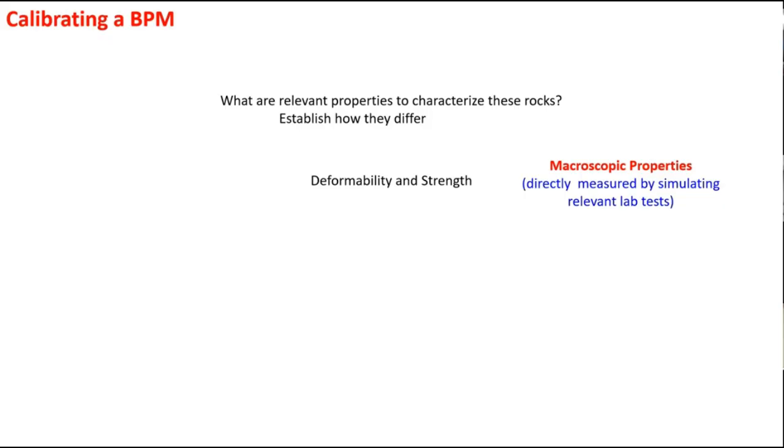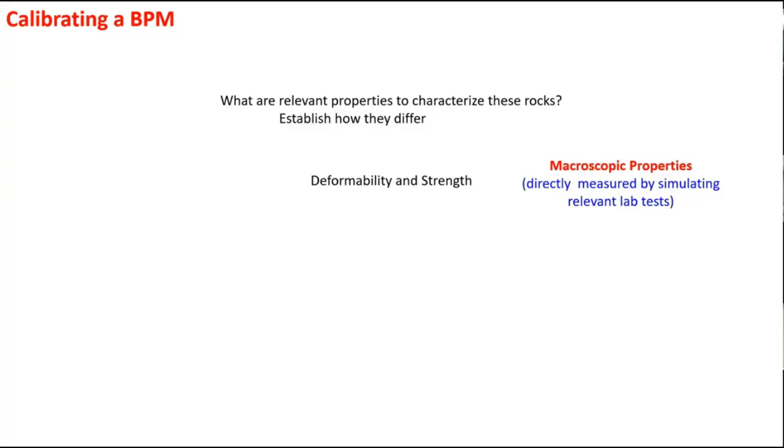Okay. So now I'm going to switch and draw some stuff and talk a little bit more. I'm going to suggest a set of properties that are important for matching if you want to have a reasonable model of a rock. These are going to be simple macroscopic properties from a few simple tests. And these are the ones we think are important.